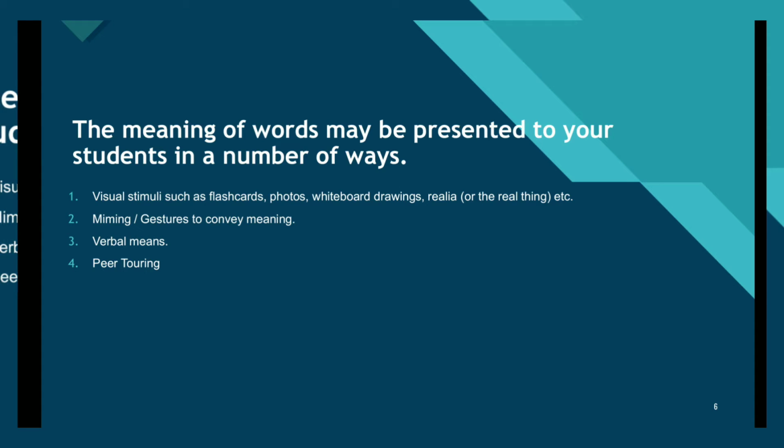The meaning of words may be presented to your students in a number of ways. 1. Visual stimuli, such as flashcards, photos, whiteboard drawings, realia or the real thing, etc. These all help to create an association between the word and the visual stimulus and ultimately assist students with recall of these particular vocabulary items. 2.